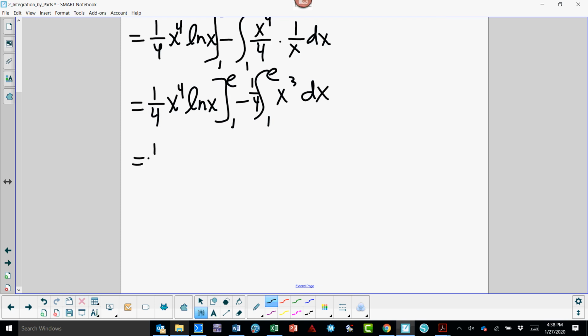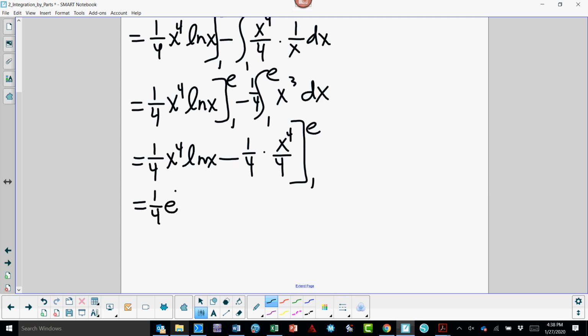And so again, now we're ready. So we have 1/4 x to the 4th ln of x minus 1/4 times x to the 4th over 4, if we integrate x cubed, and all of that is from 1 to e. So first we plug in e, so we're going to get 1/4 e to the 4th times ln of e. Well, ln of e is 1, so that's not going to have anything there, and then it'll be minus e to the 4th over 16, because I'm going to multiply together my 4 times 4.